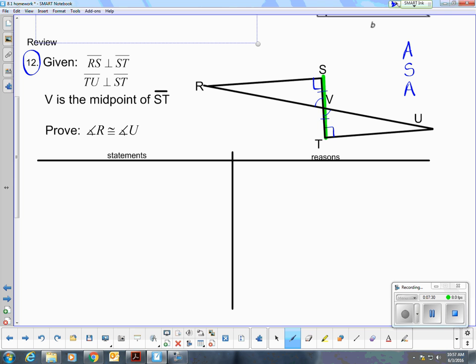Now that the triangles are congruent, we can say that angle R and angle U are congruent since they are corresponding parts. And so let's write this up in our proof.